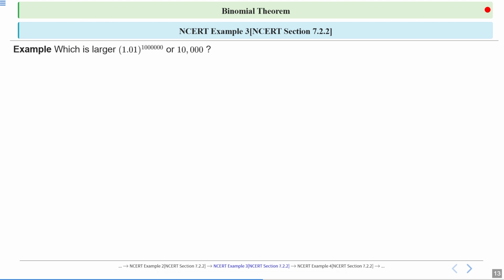Now let's look at example 3. In this example we have to compare two numbers, 1.01 to the power 160 or 10,000. Which number is larger, that we have to find here.